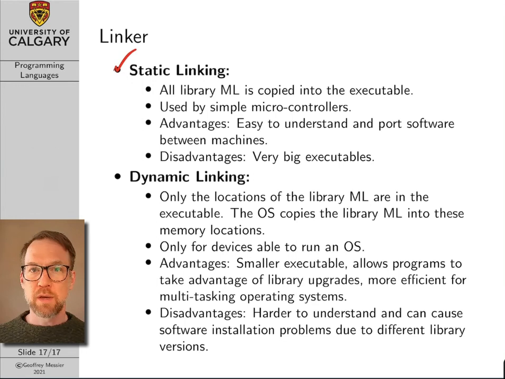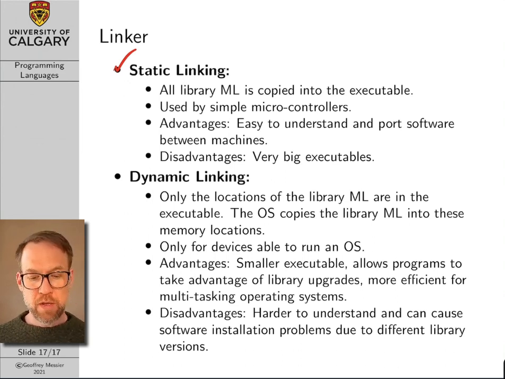So if we use a library function, for example, if we take the square root of something and we use the square root function, the machine language code for implementing the square root will be copied into our executable. It's what we would often refer to as a hex file when using this particular tool chain. And then that executable, or that hex file, is completely copied over or loaded into the AVR chip.